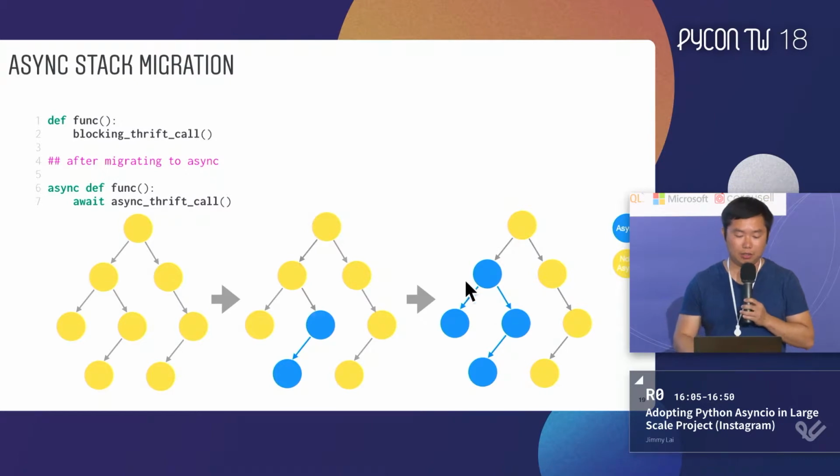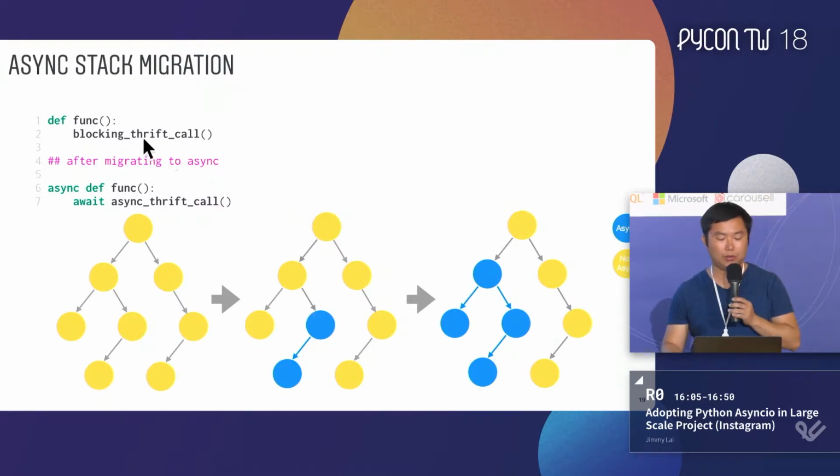And then about stack migration. What we want to do for async migration is identify the blocking backend library call, for example, a blocking thrift call, and then change to use the async version, the async thrift call. We also need to migrate the caller function to become an async function.